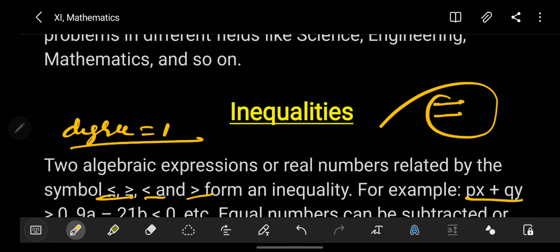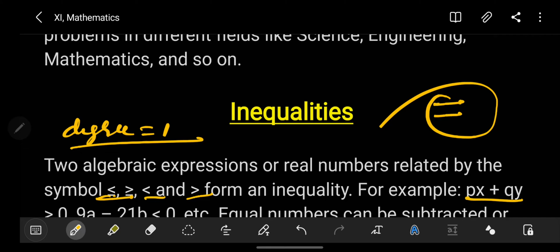So in linear equations, we got a straight line, isn't it? Because it was of degree 1, so we got a straight line on the graph. And it was easy to find the solutions of that given equation also, either by algebraic method or graphical method.